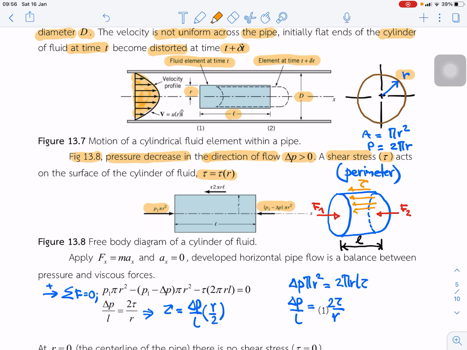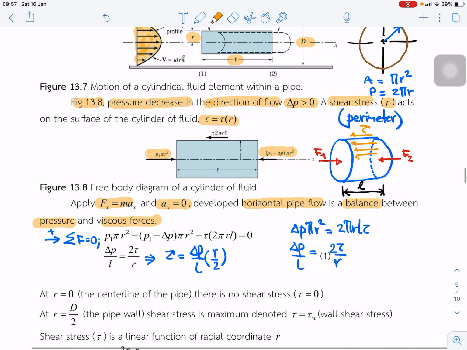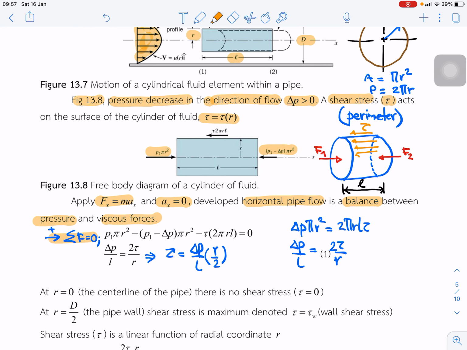We apply F equals ma and assume that the acceleration is equal to 0. So in a developed horizontal pipe flow, there is a balance between the pressure and viscous force. That is the equation of the summation of force.